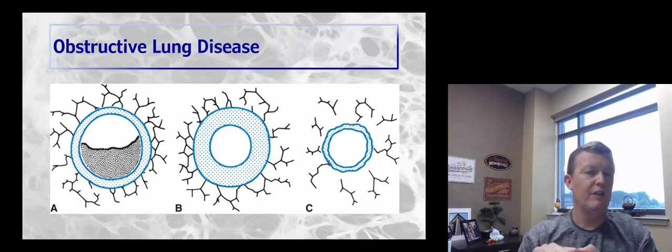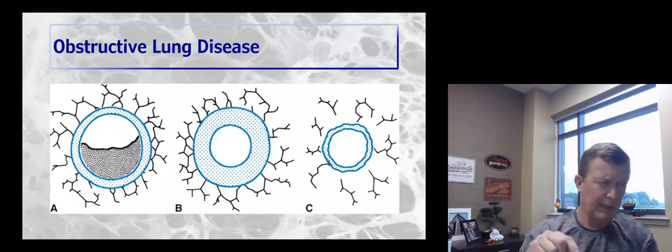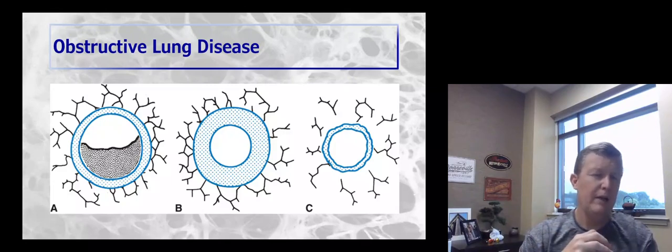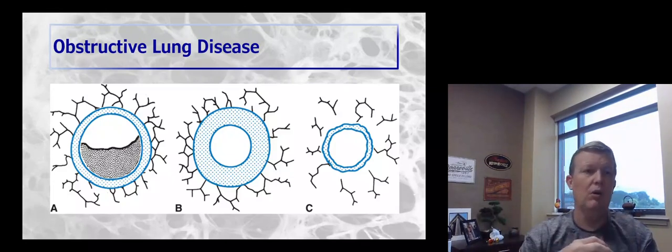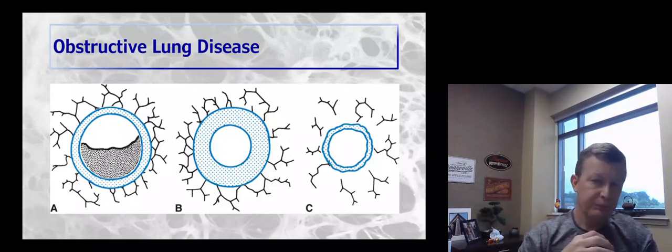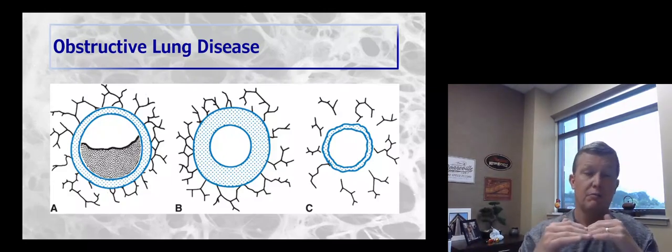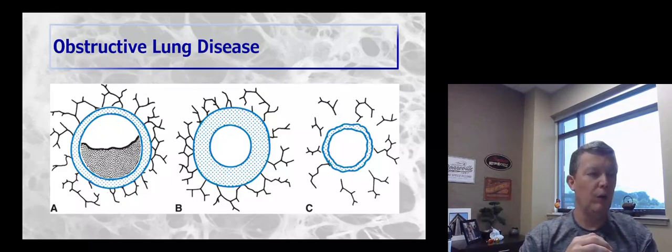The lung tissue itself is fine. What you see in the center, the black line that cuts the airway about halfway, and then all the black dots, that reflects mucus or some kind of solution that is in the airway itself that is obstructing flow both into and out of that airway.